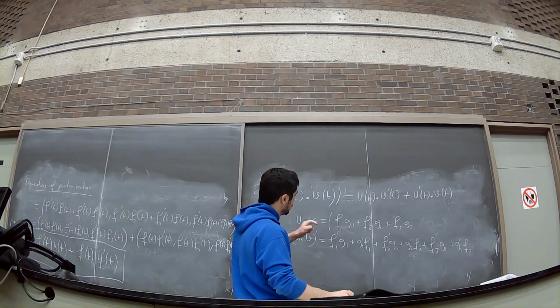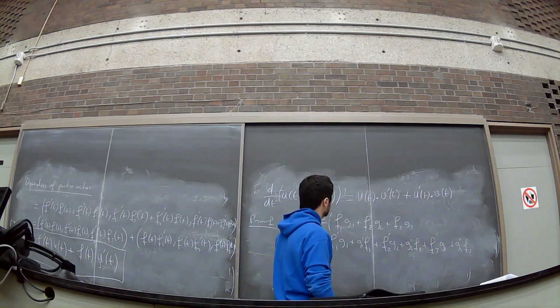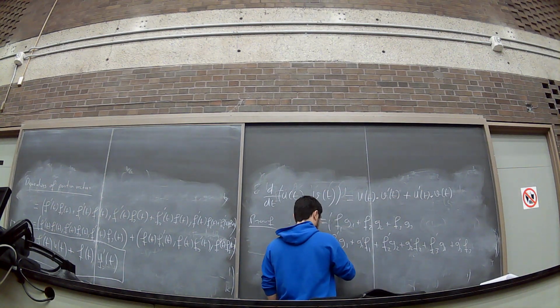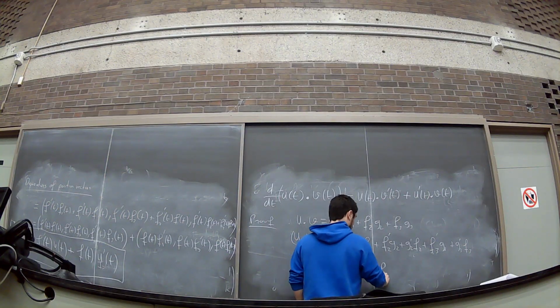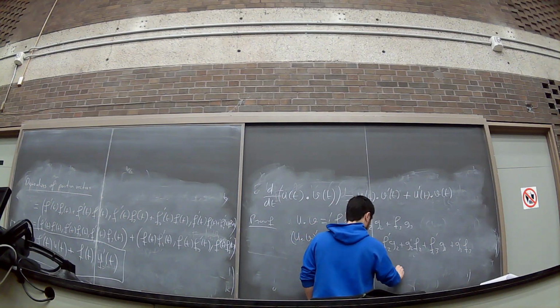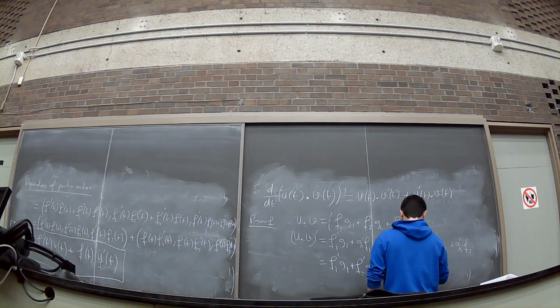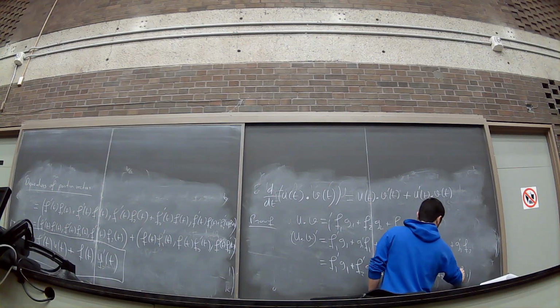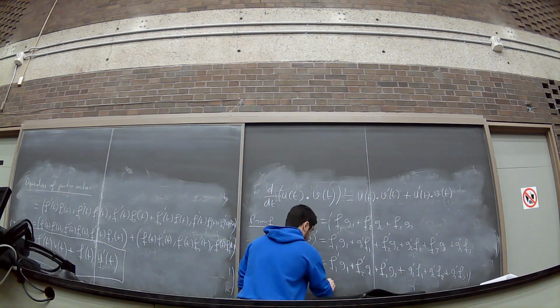I want to take u and b prime. So where is my u? Let's regroup them. Write it this way: f1 prime g1 plus f2 prime g2 plus f3 prime g3 plus g1 prime f1 plus g2 prime f2 plus g3 prime f3. What is that equal to?